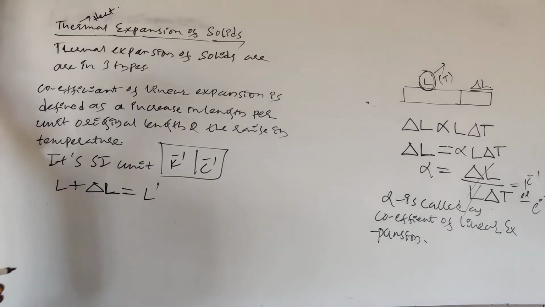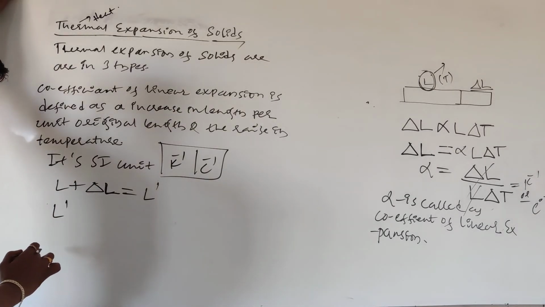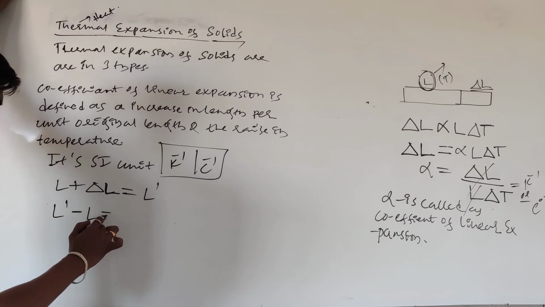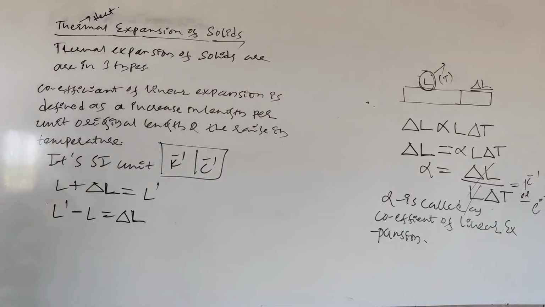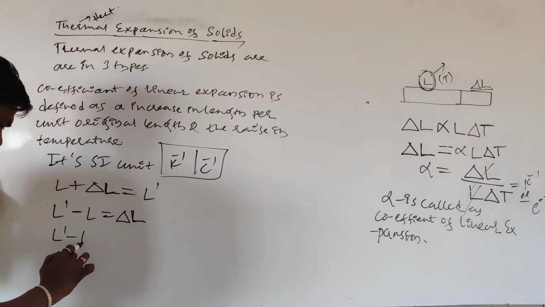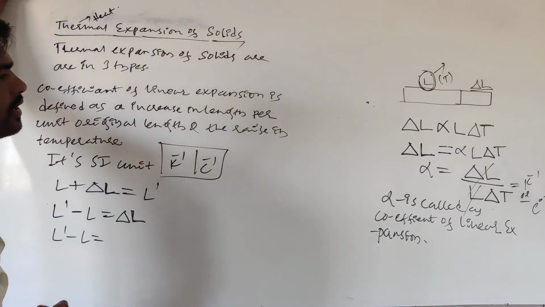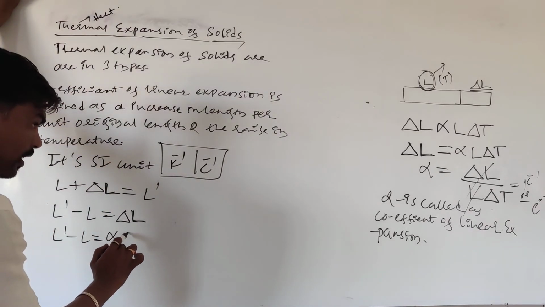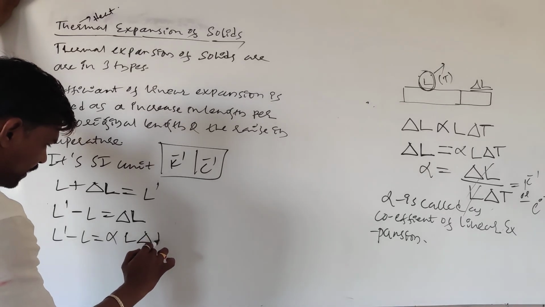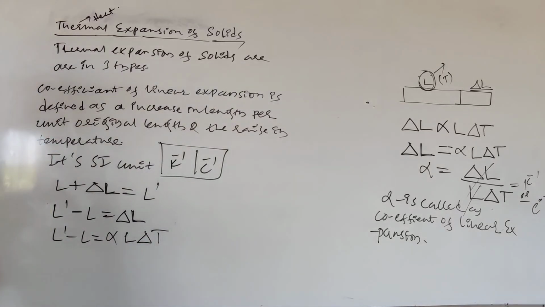So I am going to take L dash minus L is equal to del L. L dash minus L is equal to what is our delta L? Alpha L del T, right?